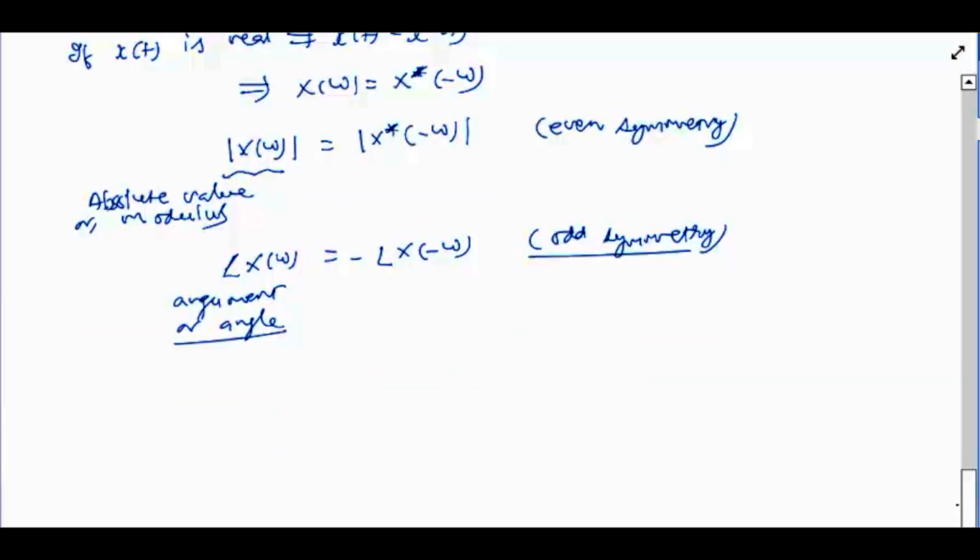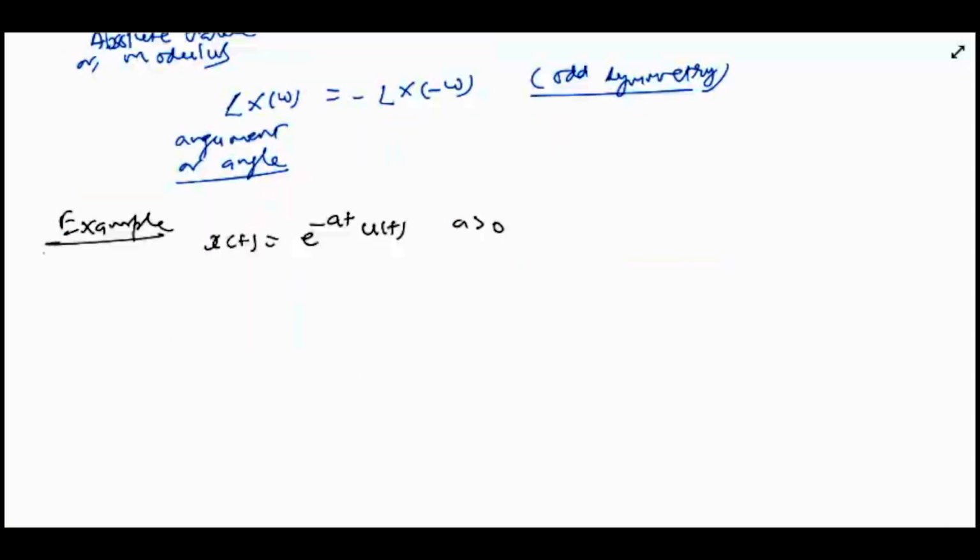Let's see an example of this property. Again, recall the first example that we had taken, that is x(t) is e raised to minus a t u(t), a greater than 0. Recall that the Fourier transform of x(t) is X(omega) equals 1 over a plus j omega.